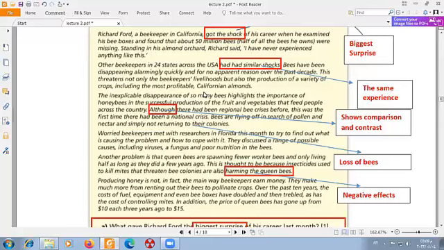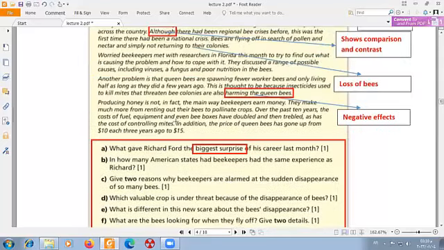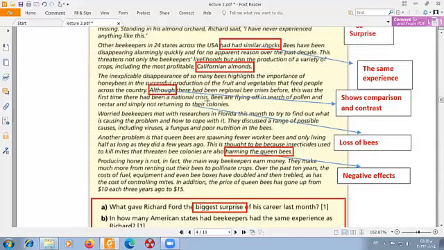This is D. What, Mr.? This is question D. Oh, you want me to answer A? C. C? Yes, here it is. Give two reasons why beekeepers are alarmed at the sudden disappearance of so many bees. I don't know the answer.